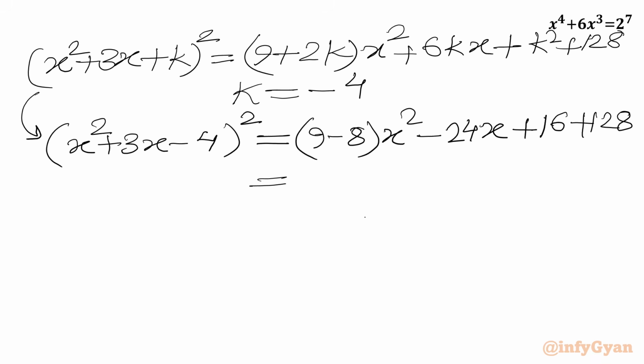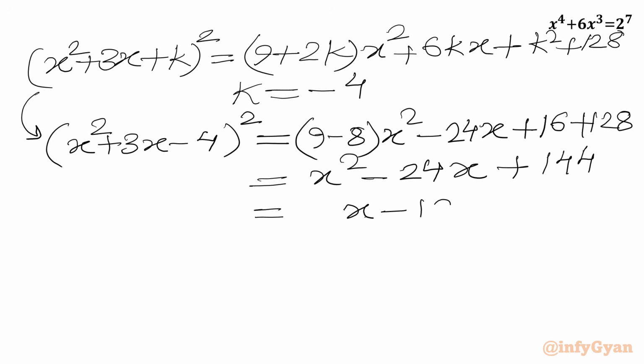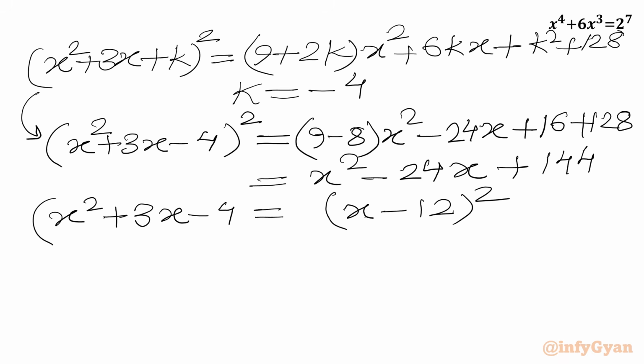So I can write our right hand side as x square minus 24x plus 144, which is the perfect square of x minus 12. In the LHS, we have the perfect square of x square plus 3x minus 4. Now we have to take a square root on both sides.